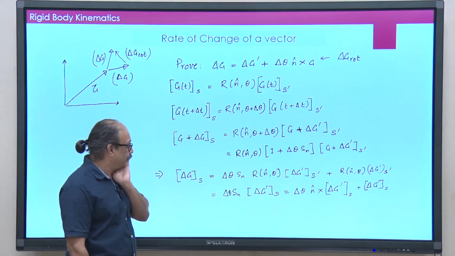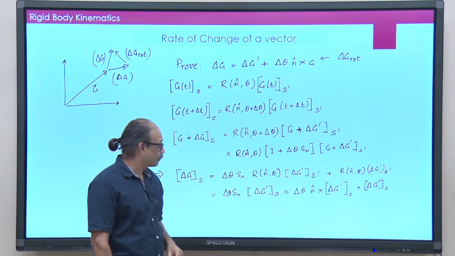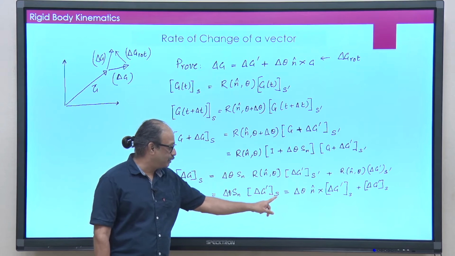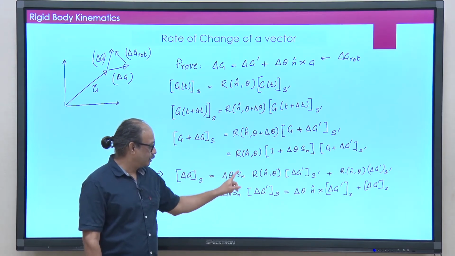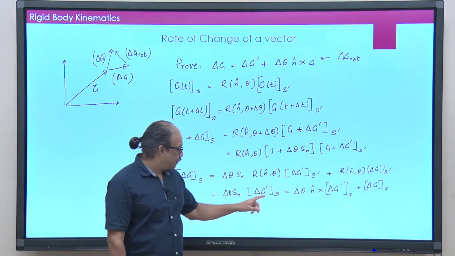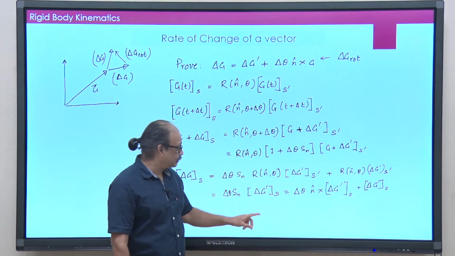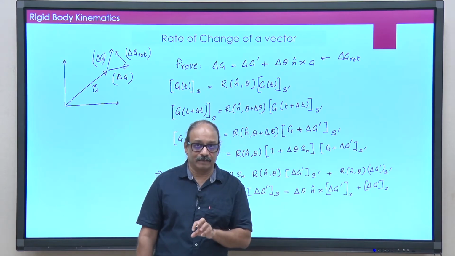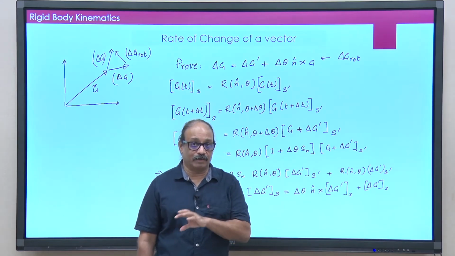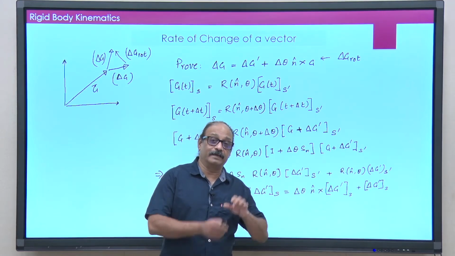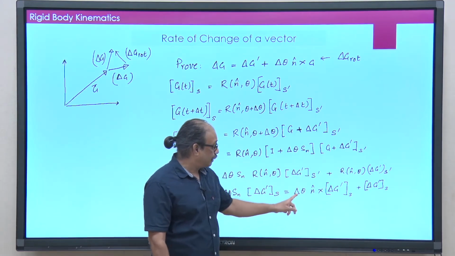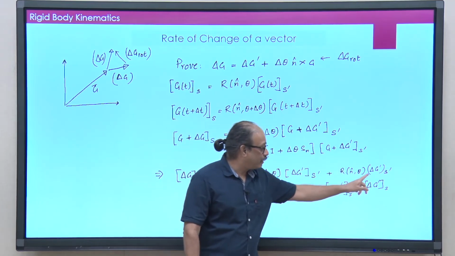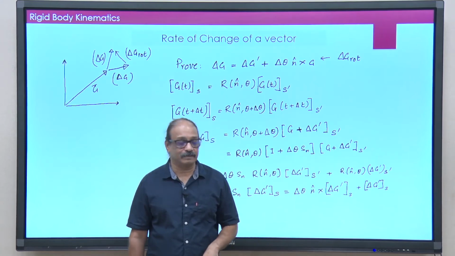So, this part here is r operating on this gives me delta g prime seen by S, then all this thing is here, and this part alone I can write this as delta theta. Remember, S n multiplying a vector is basically n cap cross that vector, this we did write in the beginning. So, I will write this as delta theta n cap cross delta g prime, and then add to this delta g prime seen by S. Okay.